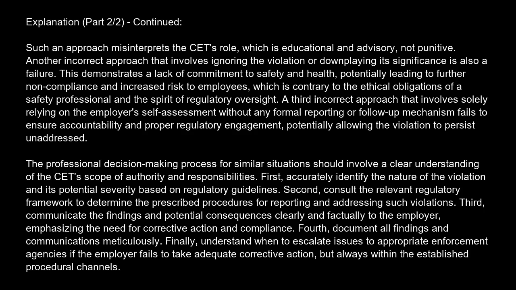Third, communicate the findings and potential consequences clearly and factually to the employer, emphasizing the need for corrective action and compliance. Fourth, document all findings and communications meticulously. Finally, understand when to escalate issues to appropriate enforcement agencies if the employer fails to take adequate corrective action, but always within the established procedural channels.